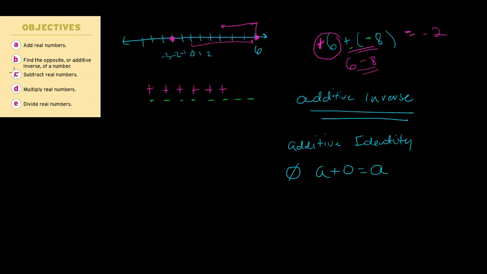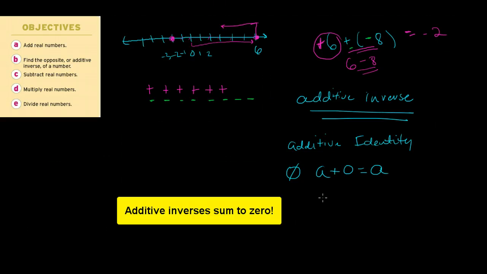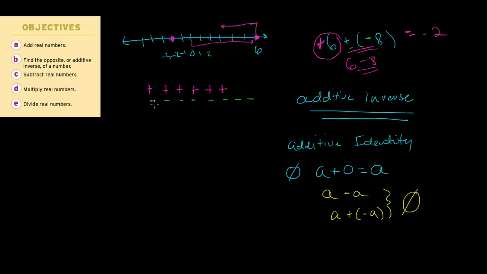Now this implies that if I take a number and I subtract that number, or if I remember subtraction is adding the opposite, if I do either of those tasks, a number minus itself or a number plus its opposite is 0. So here we have a number and its opposite.